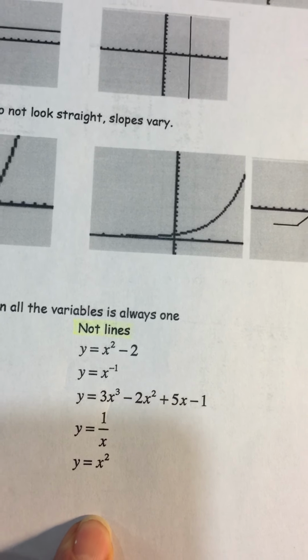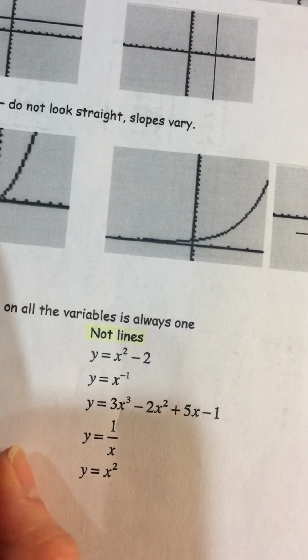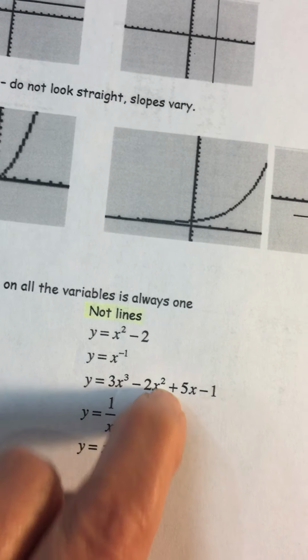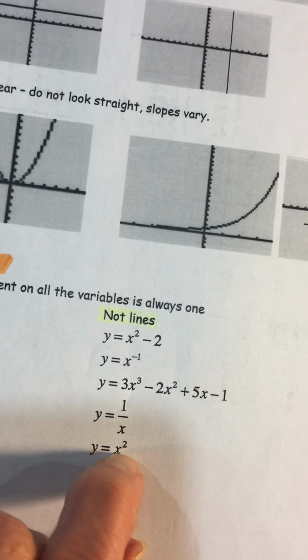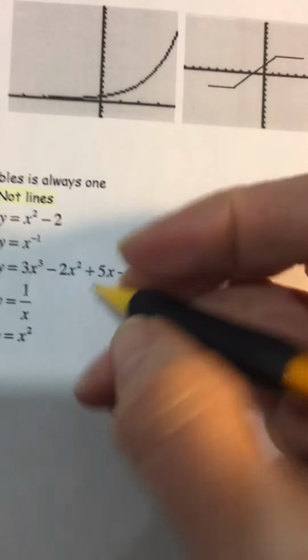And so at first you might be like, oh, those could be a line. But if you notice, exponent of 2 on x, not a line. Exponent of -1 on x, not a line. Ooh, different exponents, not a line. Exponent of 2, not a line. This one at first might appear like, hey, that looks like an exponent of 1.